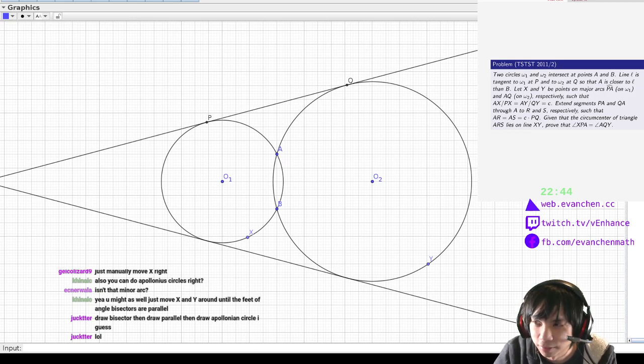Let me make sure I define these correctly. AY over QY, AX over PX. Good. And now we just fudge them so they are equal. I want to show more digits, so let's do that.